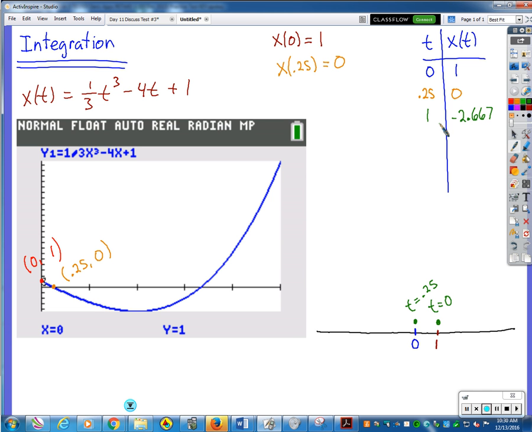So we'll always use 3 to practice. If you do less, you lose points. So I just always do 3. So put this dot over here, at the point 1 comma minus 2.667.